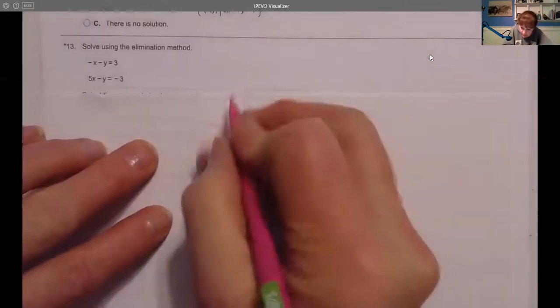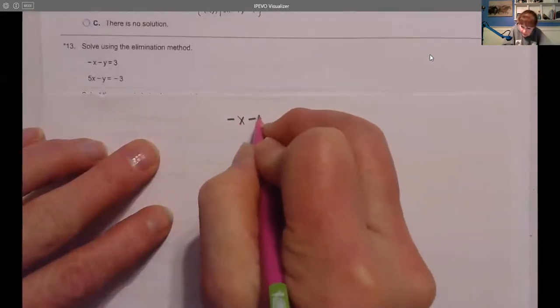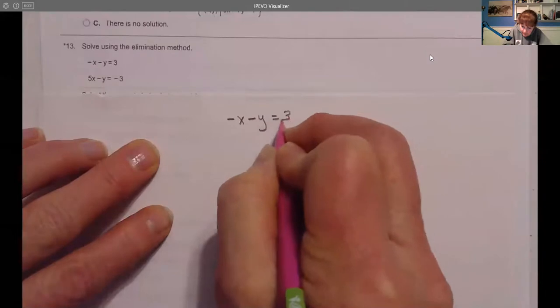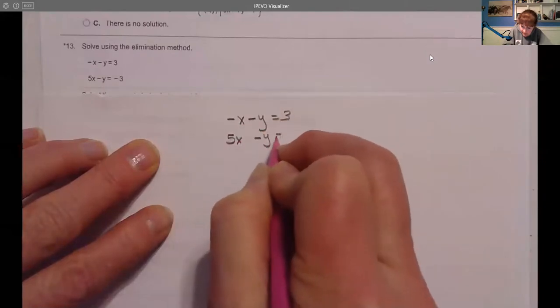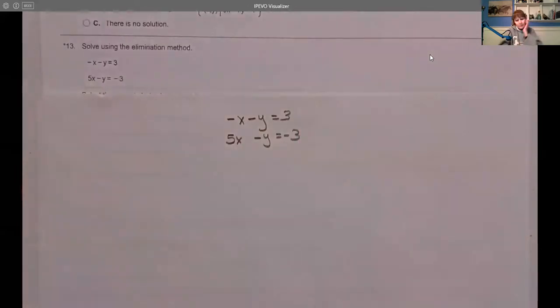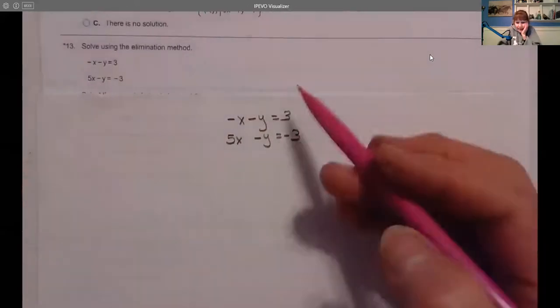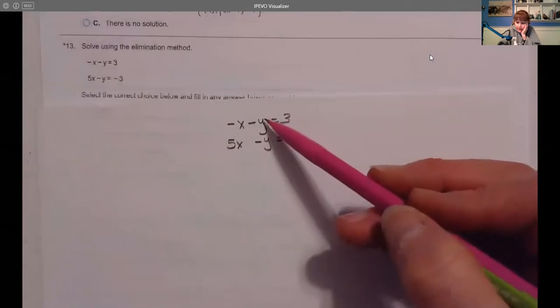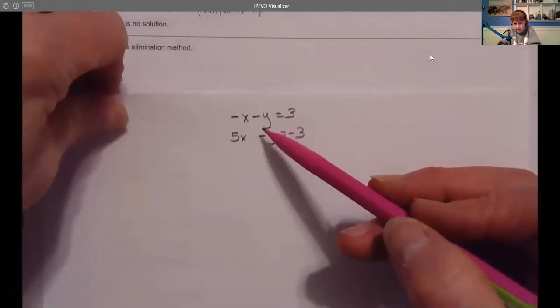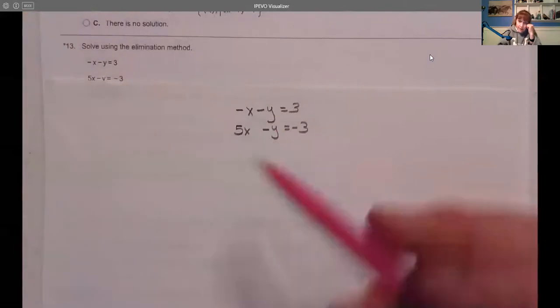I'm going to copy it over. And 5x. Wow. If I add them together, the x's do not drop out. If I add the y's, I get a -2. The y's don't drop out.